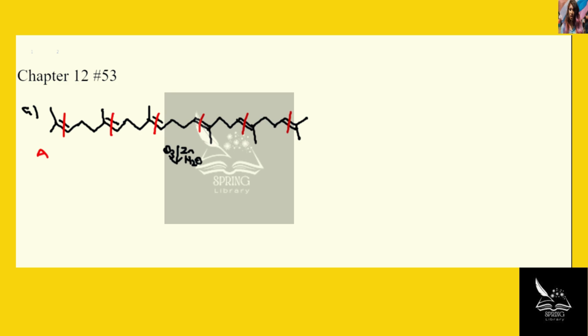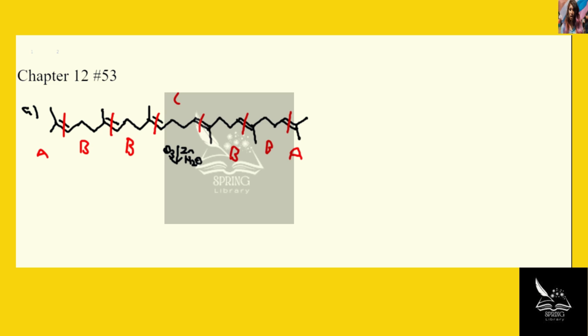So I'm going to go ahead and label each of these pieces. So there are a lot of B's, one C, and then two more B's, and then another piece. Okay, and so there we go.